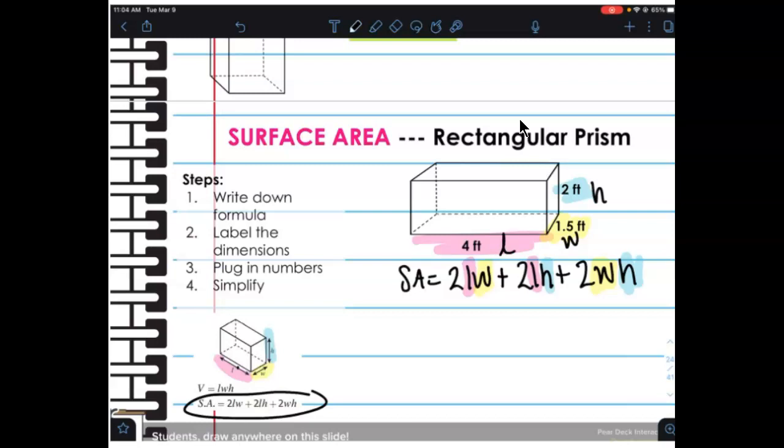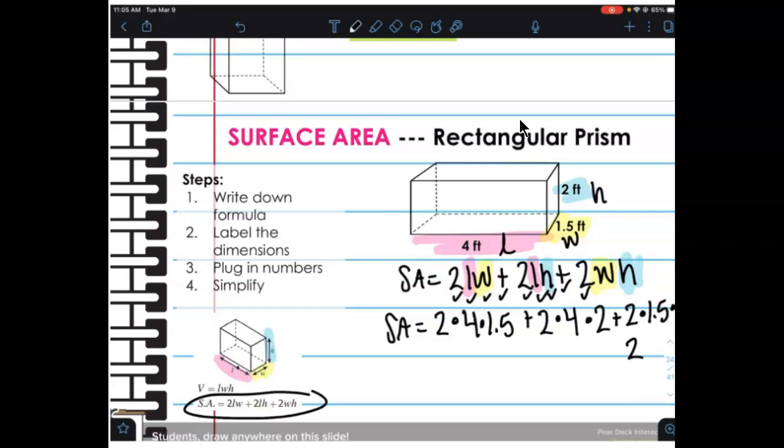So for this one, we're going to plug it in, and like I said, it's a lot of steps. 2 times LW, so 2 times 4 times 1.5, plus 2 times L, which is 4, times the height, which is 2, plus 2 times W, which is 1.5, times the height, which is 2.